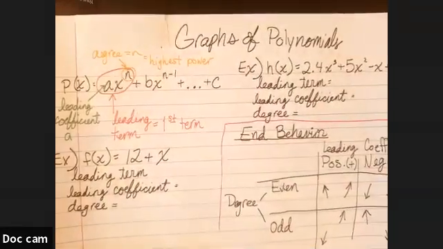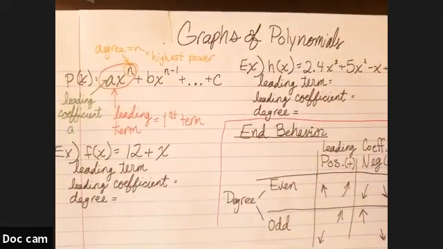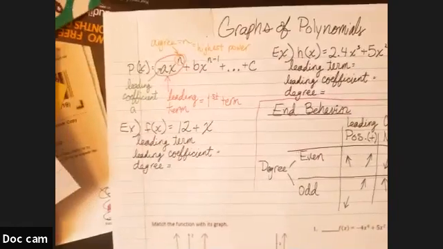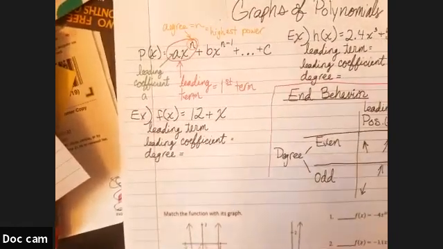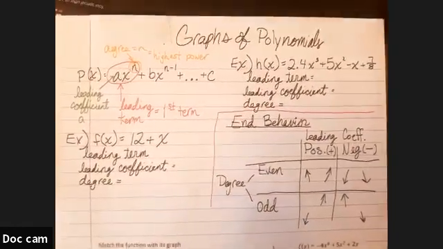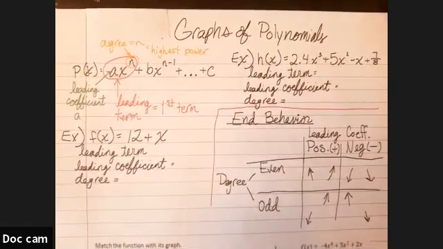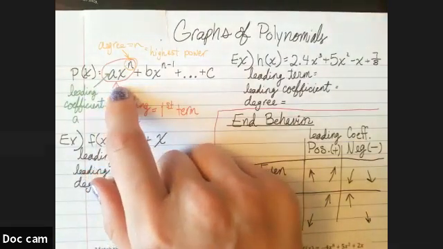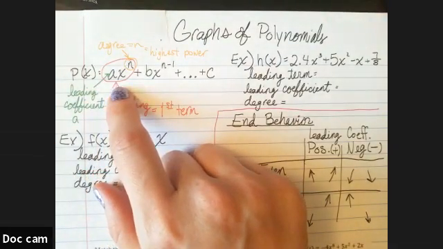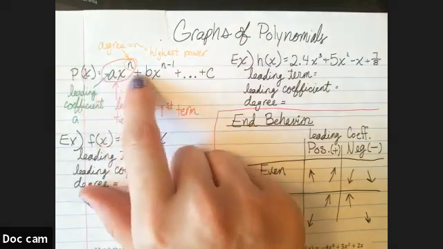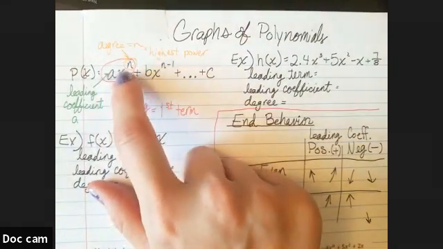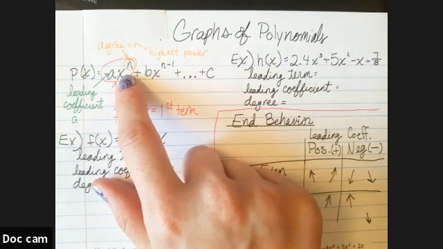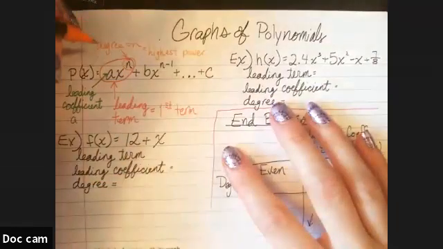All right, we're finally going to start talking more about the graphs of polynomials. Let me zoom out a bit. Okay. All right, so here's an example of a polynomial. Just to review the terminology, let's say you have it in order with the term with the highest exponent first.